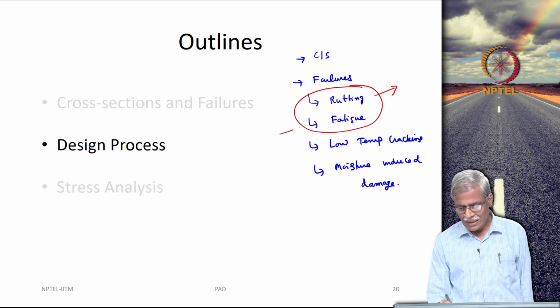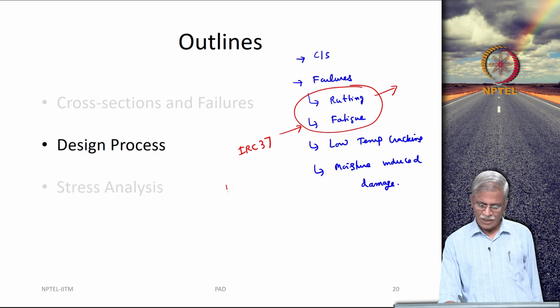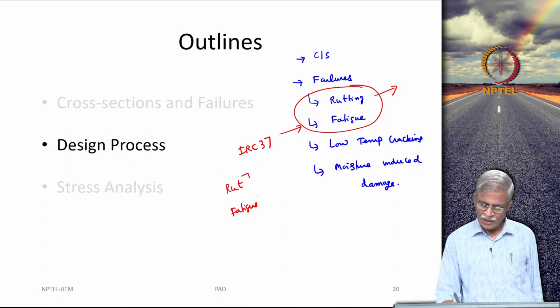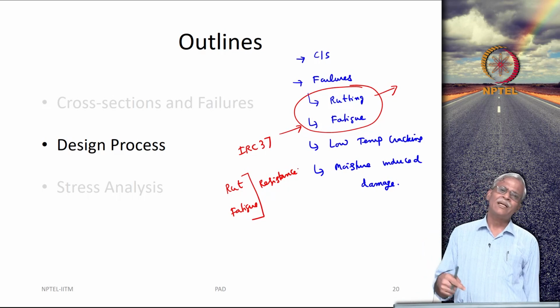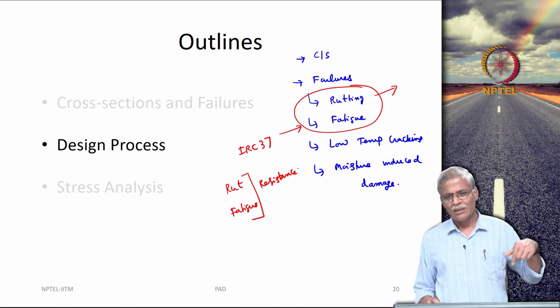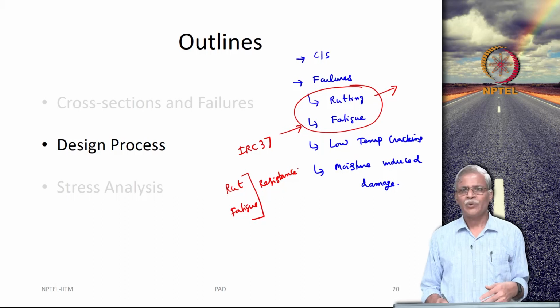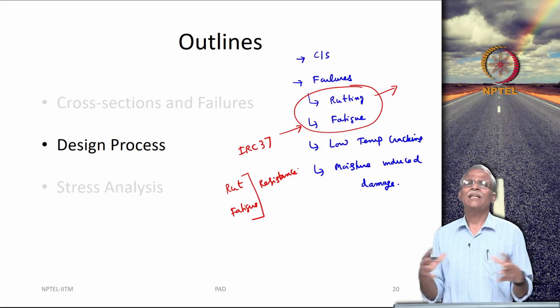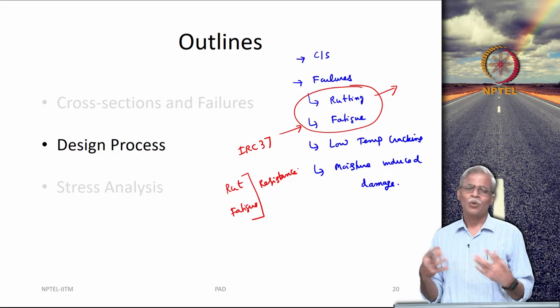And in the IRC 37 cross section, we also saw that there was a rut resistance layer, there was also a fatigue resistance layer, and you also saw that the critical strains related to this rut resistance and fatigue resistance were measured for rutting at the bottom of the pavement or on top of the subgrade, and for fatigue at the bottom of the bituminous layer. Okay, so, these are some of the earlier assumptions that have been made. These assumptions need not be true, and you will be exploring it as we go along.